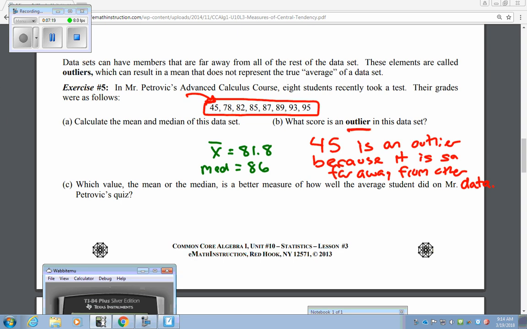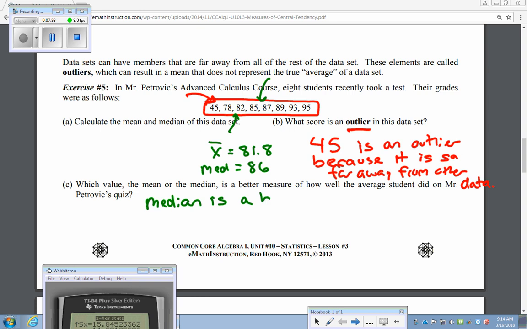Now, 81.8 would fall in between the second and third data, but the median 86 does fall right in the middle. So because there are a lot of numbers around 86, the median is a better measure. And in this case, it's better because of that outlier value.